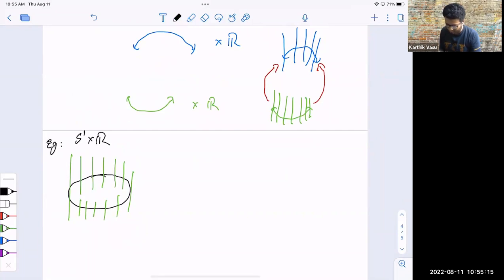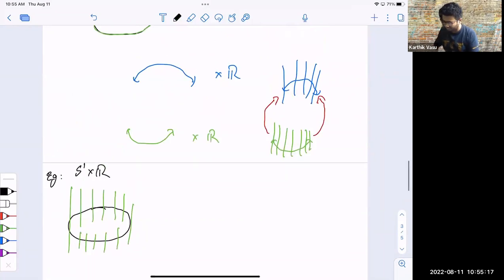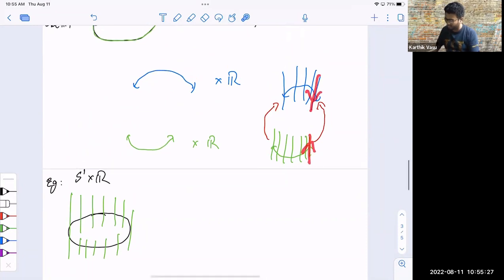Wait, G. If I did not do that, if I just pasted this as it is, but if I instead took this and twisted, so let's say took this and stuck it on the other direction, just like a twist.